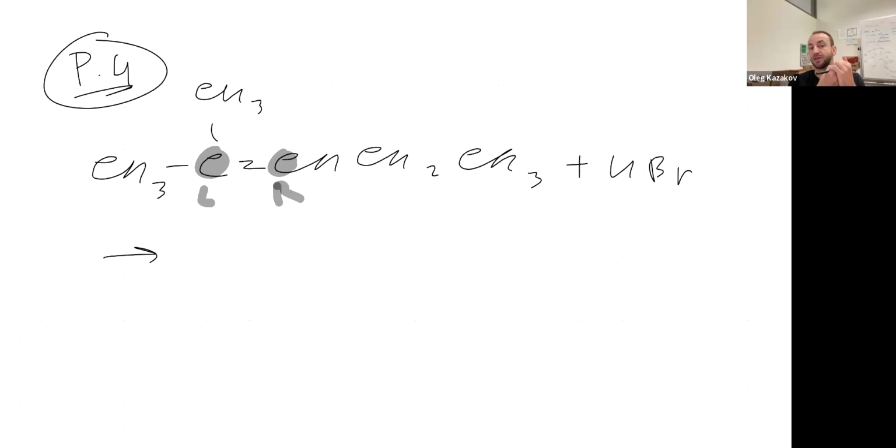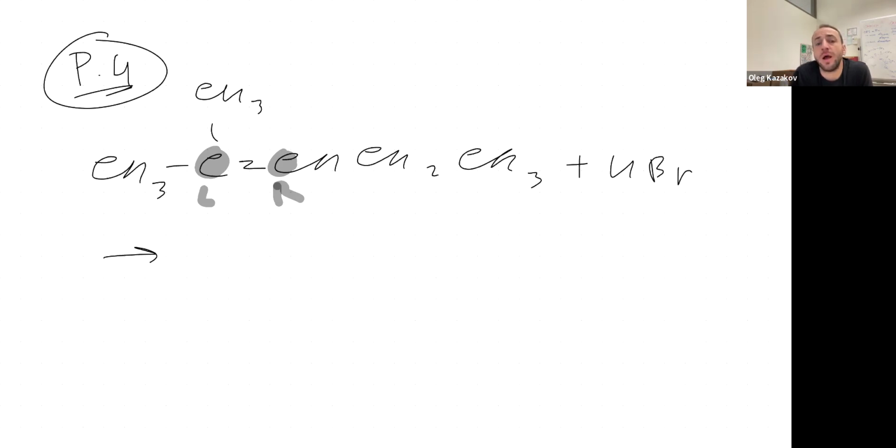So now let's decide. What will help us is Markovnikov's rule, which basically says that the hydrogen will go to the carbon of the double bond which originally had more hydrogens. So in this case, you are going to consider L and R. Apparently the right carbon will have more hydrogens than the left one.